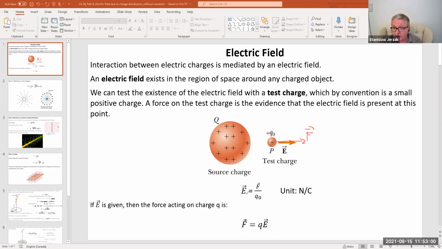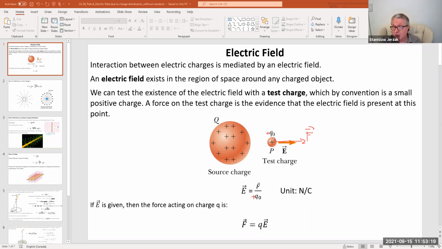So electric field has the same direction as the force exerted on Q0, which in this case would be away from that capital Q in this direction. So the electric field has the same direction as F, because by definition Q0 is a positive charge.